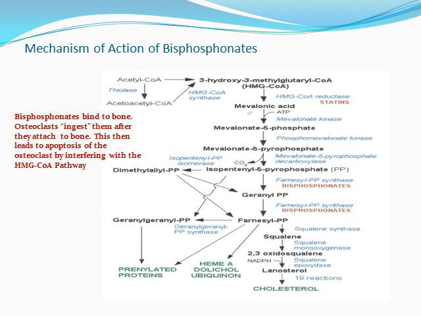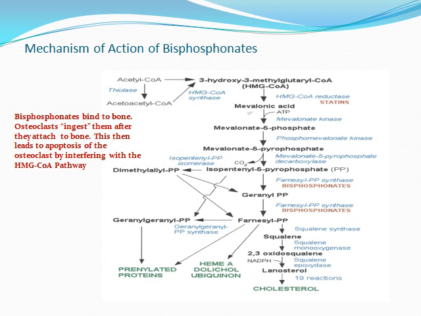Now, bisphosphonates bind to bone, and then the osteoclast ingests them after they attach to the bone, and this then leads to apoptosis of the osteoclast by interfering with the HMG-CoA pathway, which is the same HMG-CoA that is blocked by statins designed to lower cholesterol levels.